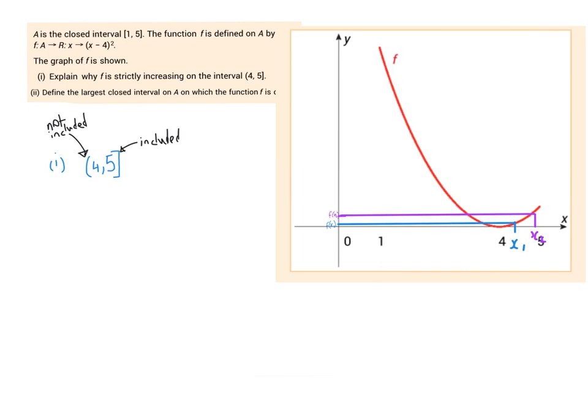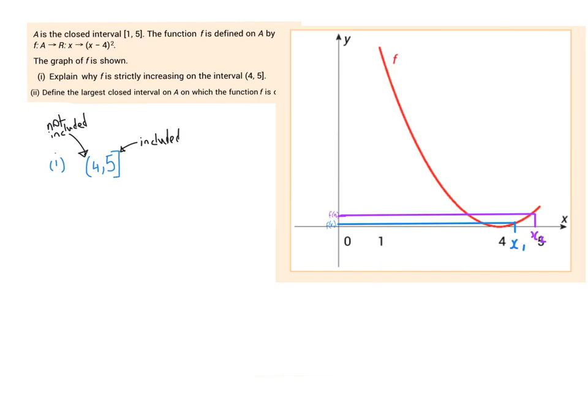We can see that f of x2 is greater than f of x1, as x2 was also greater than x1. So that's why it's strictly increasing here. 4 can't have been included there, because at 4 we can see that the curve is at its lowest point. So f of x1 and f of x2 would be equal as we are at this point here. So that's why our 4 is not included.